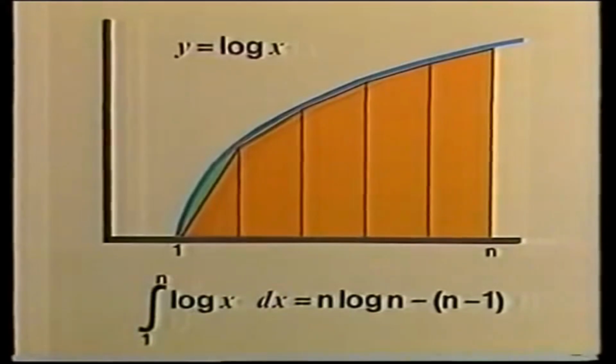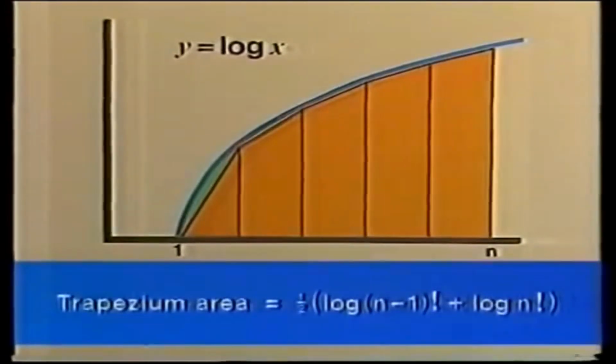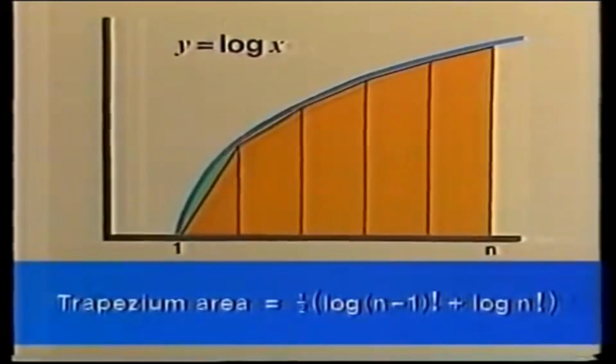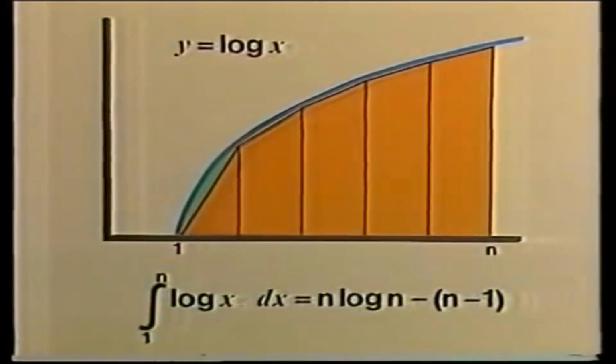Now this area is half of log n minus 1 factorial plus log n factorial. But unfortunately, this still is not a good enough approximation for our purposes. The area underneath the log curve is made up of the trapezia and these little slivers. Actually, what we need is to estimate the area of these slivers.